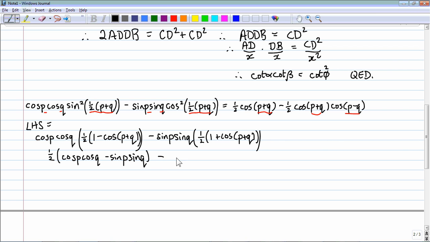They're all negative, and they've all got a half, and then they're cos p cos q cos (p plus q), and they're sine p sine q cos (p plus q).